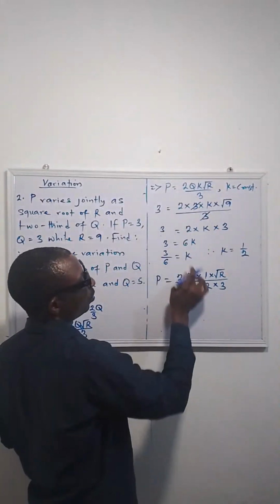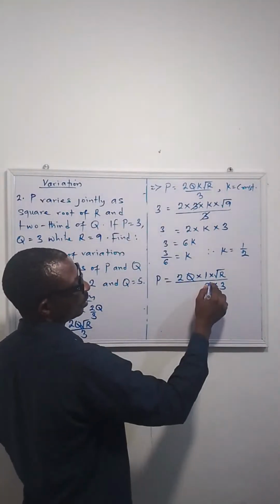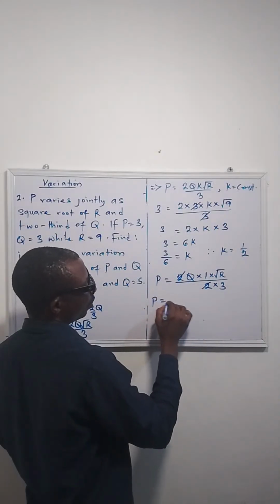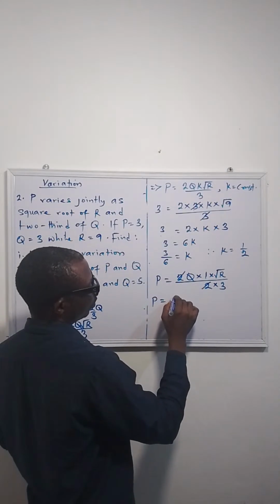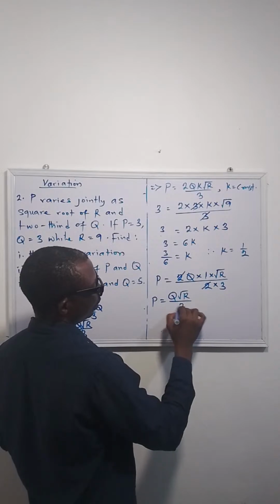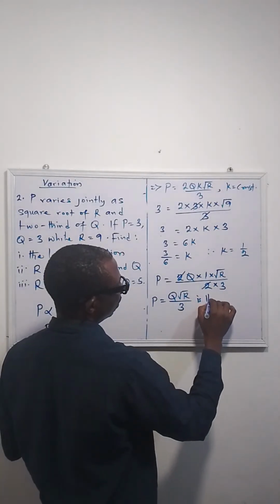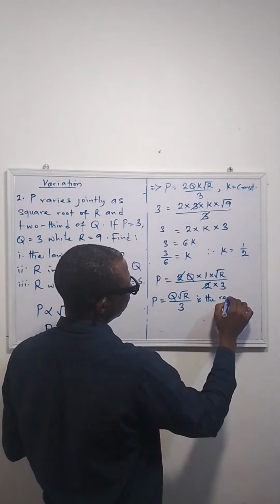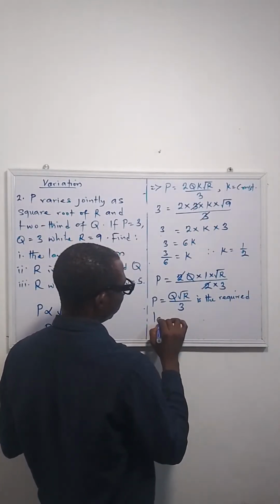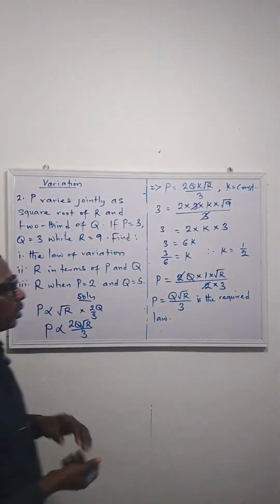And we have the Q and 2, so we cancel this. So we now have P equals Q square root of R over 3, which is the required law. Okay, this is the required law.